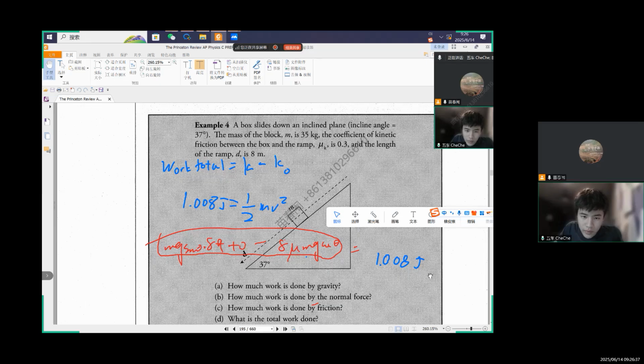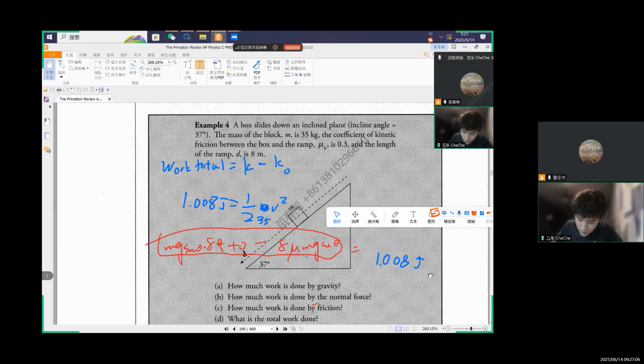It's 35 kilograms. Let me just use the calculator here. So 1008 times 2 divided by 35, and then square root that.